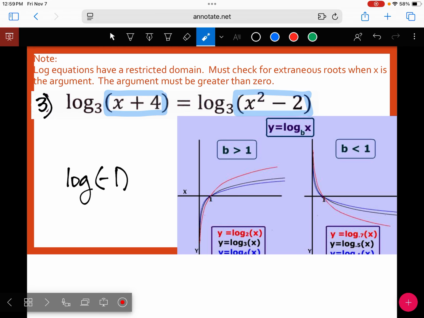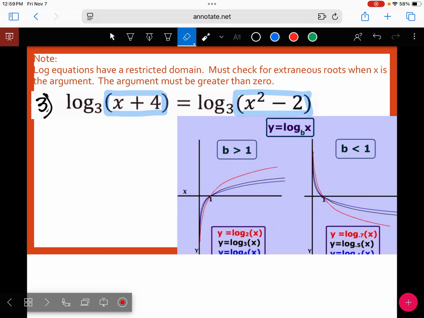All right, so now let's go ahead and copy down question 3. We're going to solve this similar to how we would solve an exponential equation. We know that if we have exponents on both sides with the same base, we can drop the base.